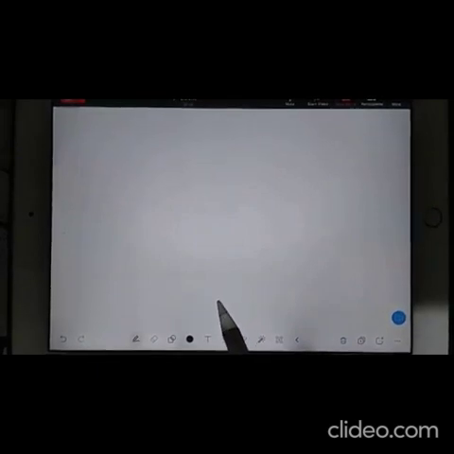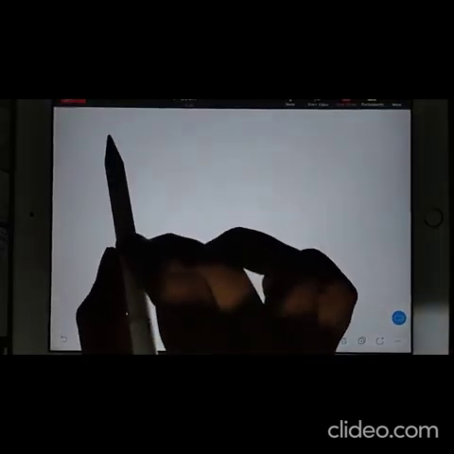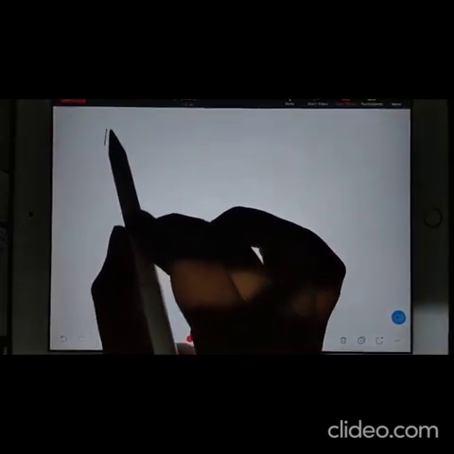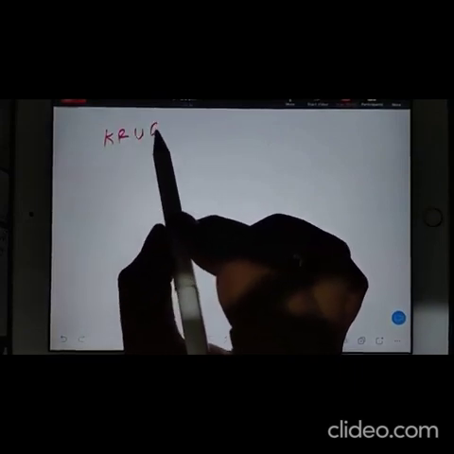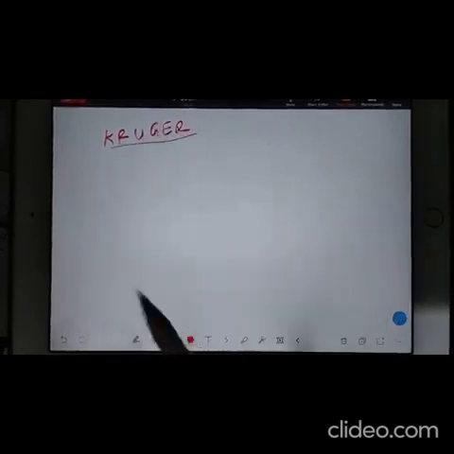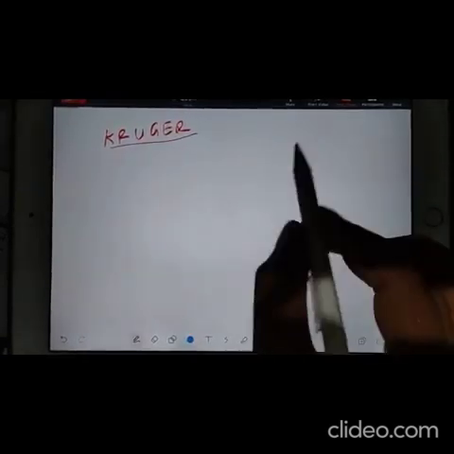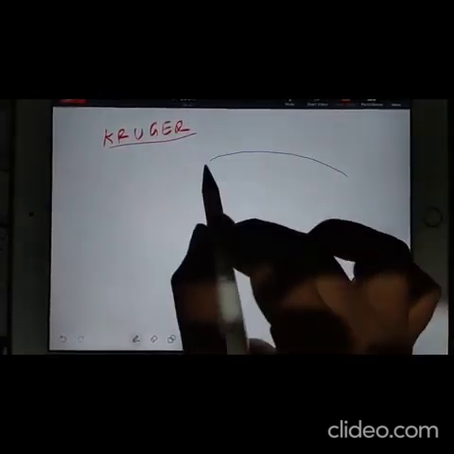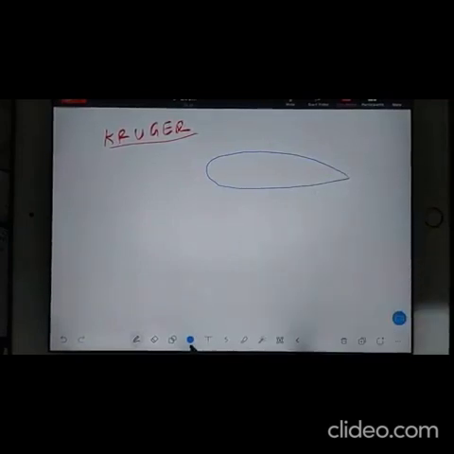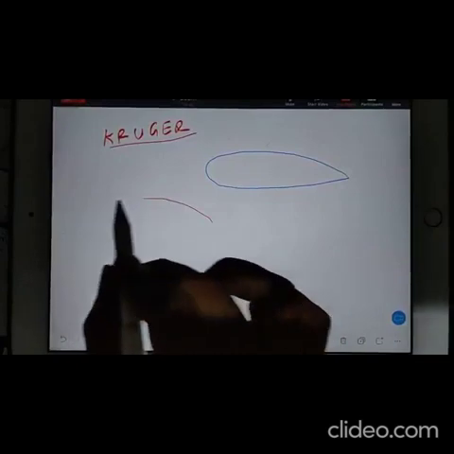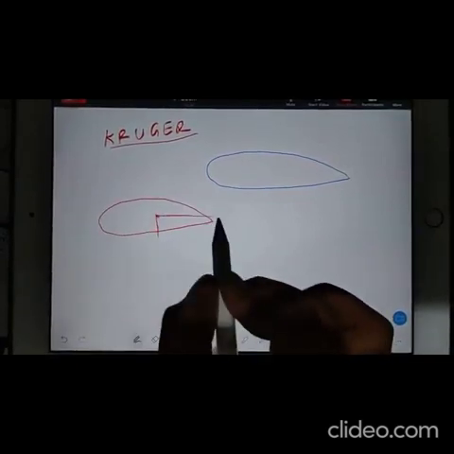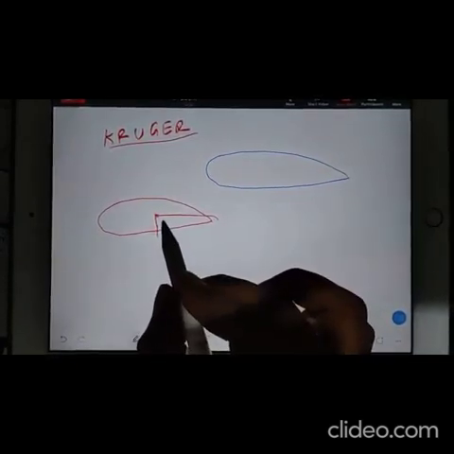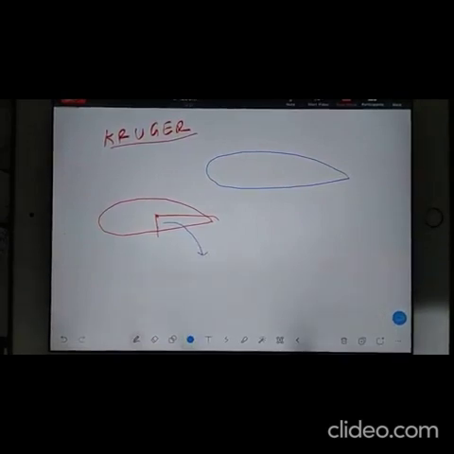Now we go for our next type of flap, that is again attached on the front, that is known as Kruger, cruiser flap. What is cruiser flap? You will be having a flap, and if you match with the split flap, in the split flap this portion was splitting down.